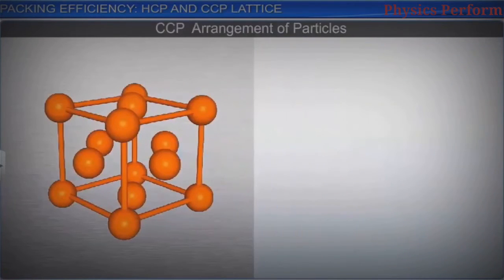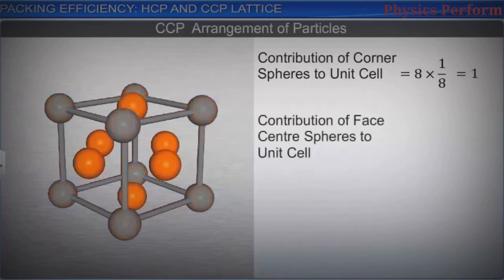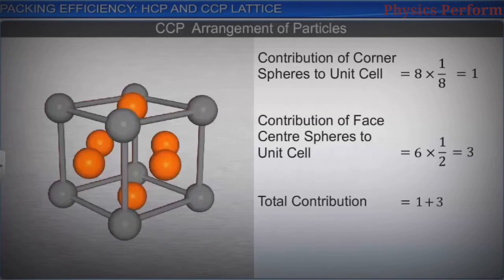So the contribution of the corner atoms to a unit cell is given by 8 into 1 upon 8, which is equal to 1. The contribution of the face center atoms is given by 6 into half, which is equal to 3. So the total contribution is 1 plus 3, which is equal to 4.